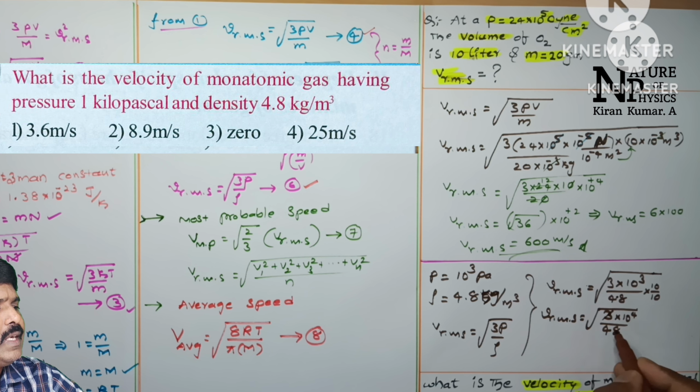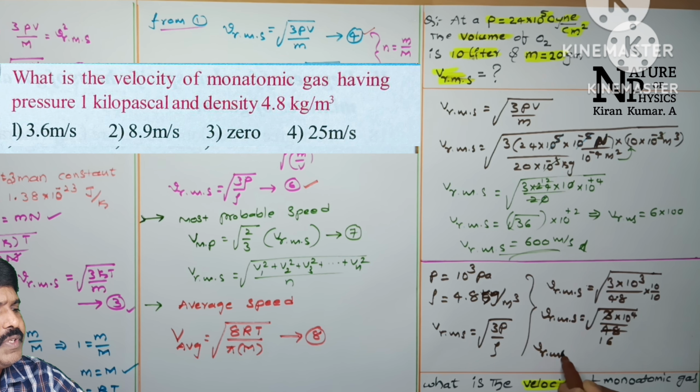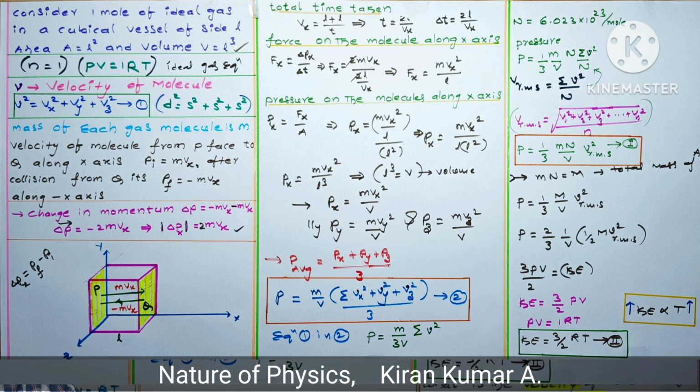So 3 ones are 3, 1 by 16. VRMS is equal to, rewriting the value, 1 by 16 into 10 square whole square. The square root cancels, so we get 100 divided by 4. So VRMS is equal to 25 meter per second, which is the answer for the given question.